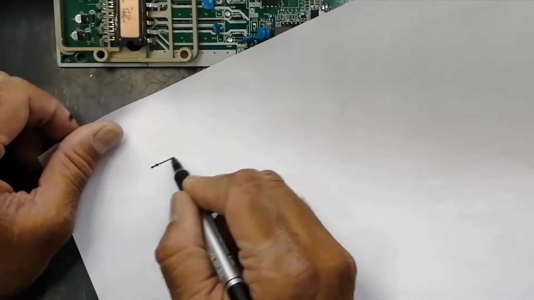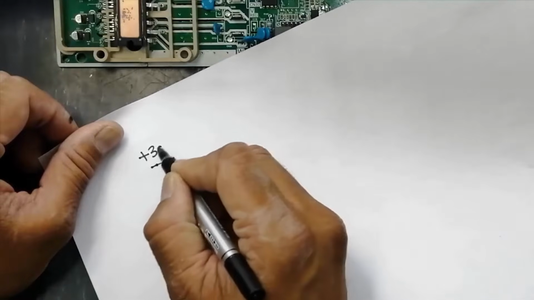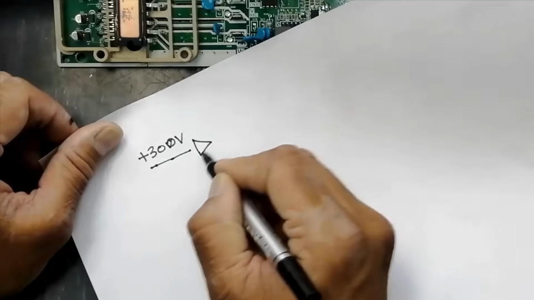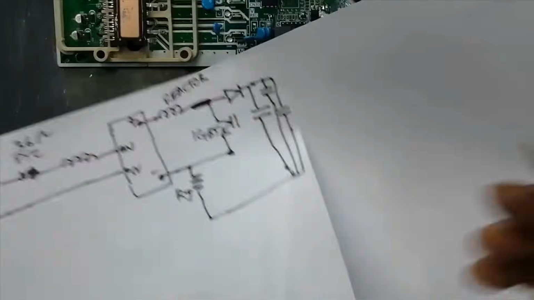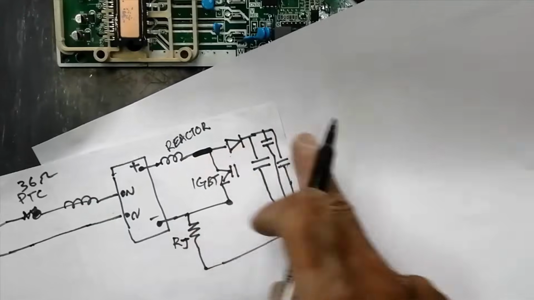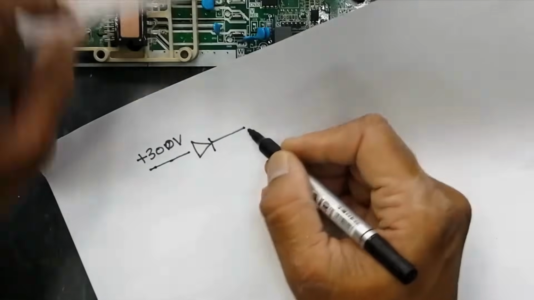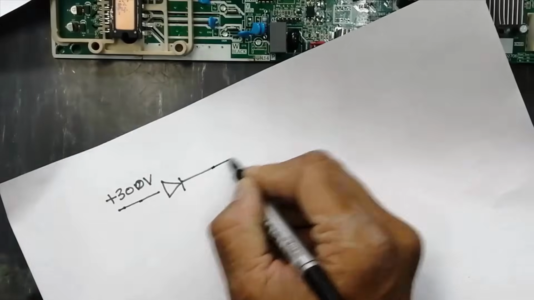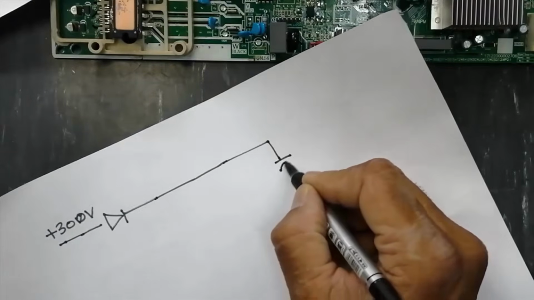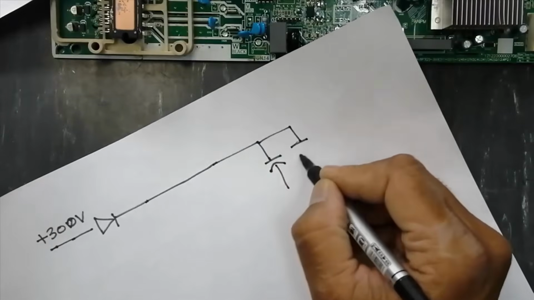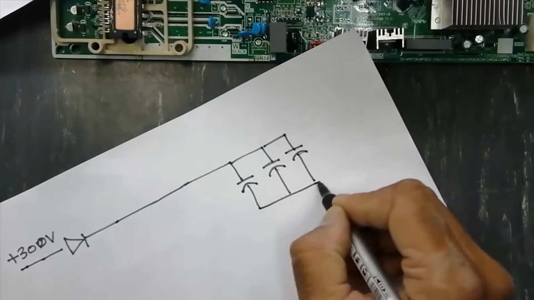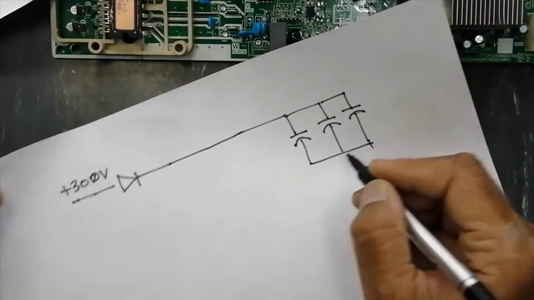We have positive 300 volt, and we said these are passing through this rectifier. So this voltage is going to one capacitor, second capacitor, third capacitor, and these capacitors are in parallel.